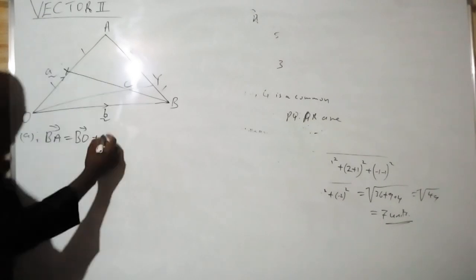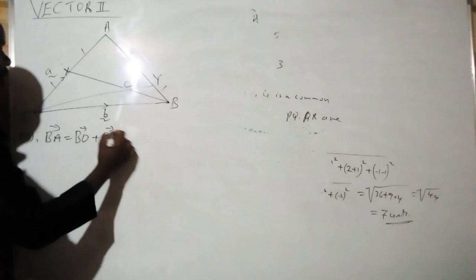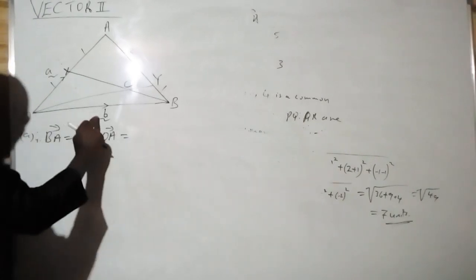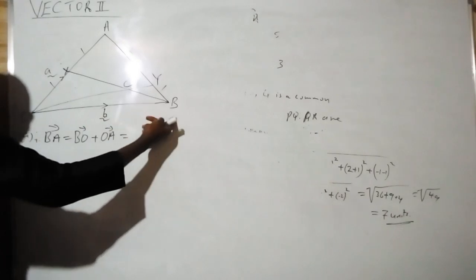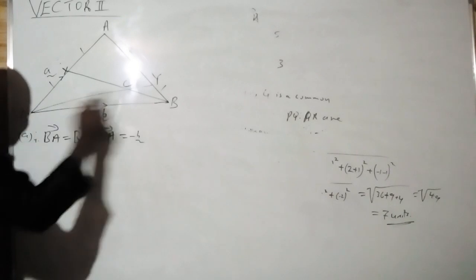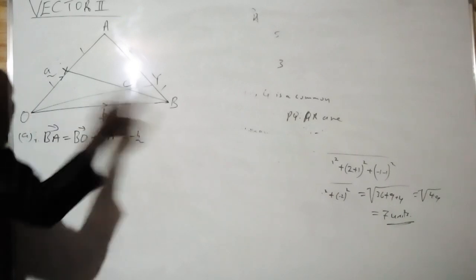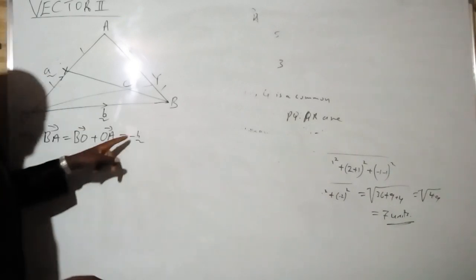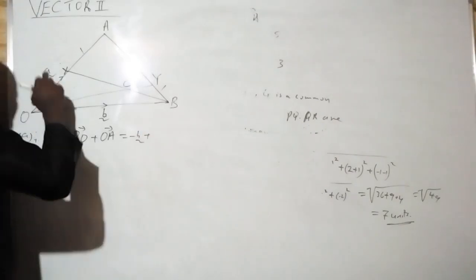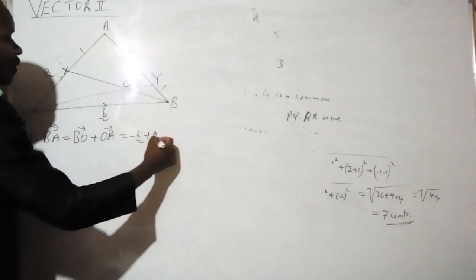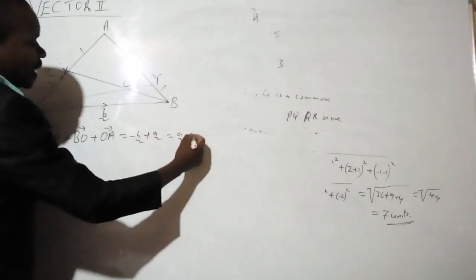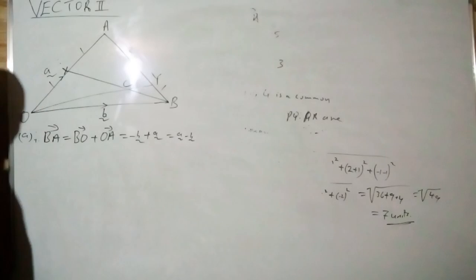But BO is what? From O to B, it's positive vector B. It means the reverse of it will be vector negative B. From O to B, positive B. BO, then the sign will change to negative B, plus OA. OA is vector A. The way it is positive. You can even start with the positive vector A minus vector B. And that is the answer for that.